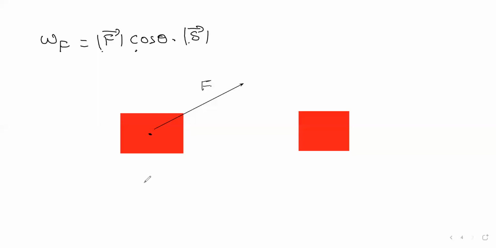Initial position of this mass is at point A, and due to this force, which makes an angle theta with horizontal, this block which is of mass m, which is at point A, moves to point B. So here we have to find work done by the force F.